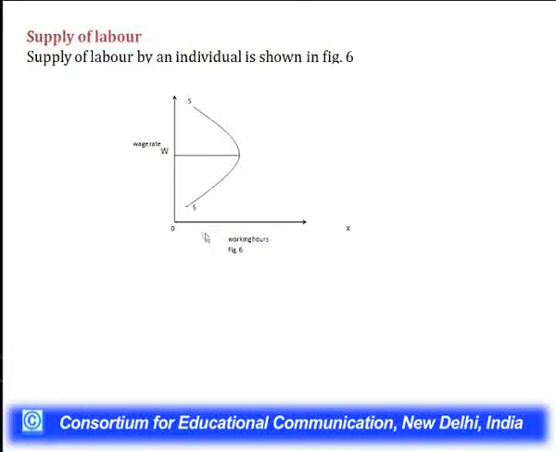This shows that up to some wage rate, supply of labor by an individual goes on rising, but after a certain wage rate, which is quite high, when all the needs of a laborer are met and he wants some leisure also, then with the rise in wage rate per hour, he is willing to work fewer hours. So supply of individual labor then goes on declining. This is shown in figure 6, where the supply curve is first rising and then bending towards the y-axis.